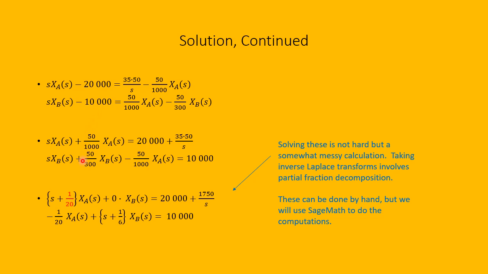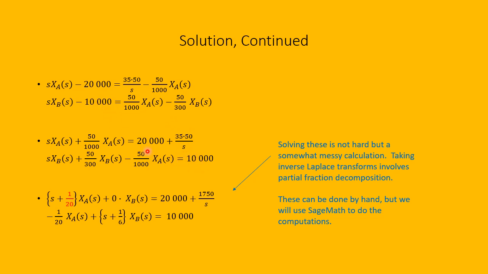When we do that, we get S X sub B of S plus 50 over 300 X sub B of S minus 50 over 1,000 X sub A of S. Okay, that takes care of this term, and this term. And then on the other side of the equation, we just have this, 10,000.